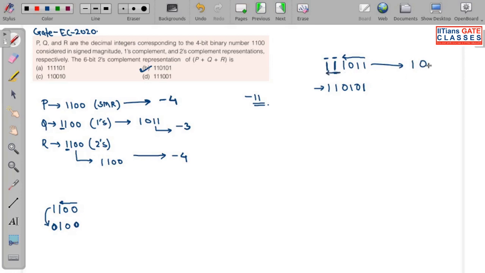If this option had been there, a few students would have marked it. So always remember, never ever complement the sign bit, even if you copy it into the corresponding MSB position.